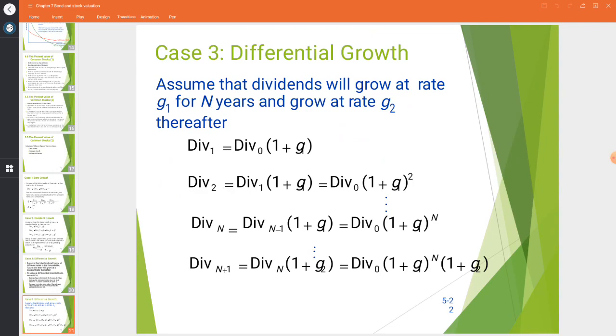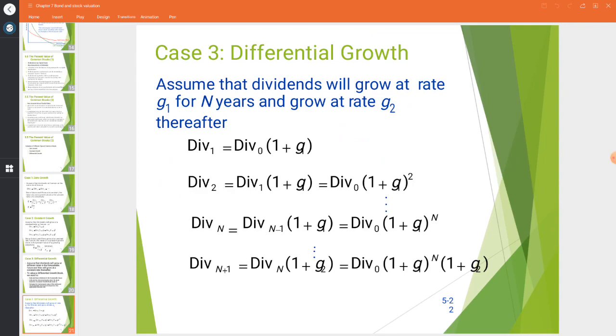In this case, we have two periods. From 1 to N, there is a specific growth rate, G1, and then after N, which is N plus 1, it will grow at another growth rate, G2, forever.